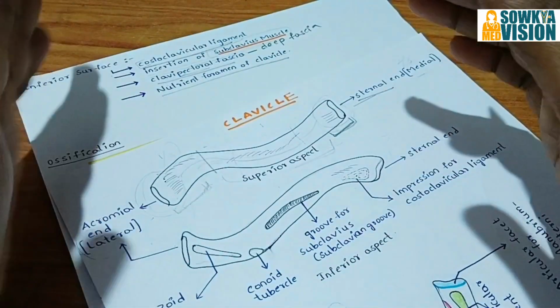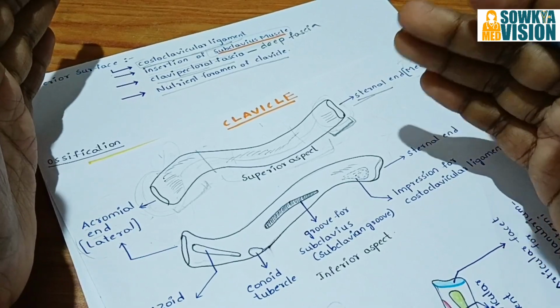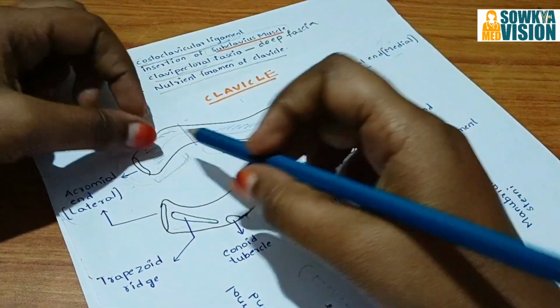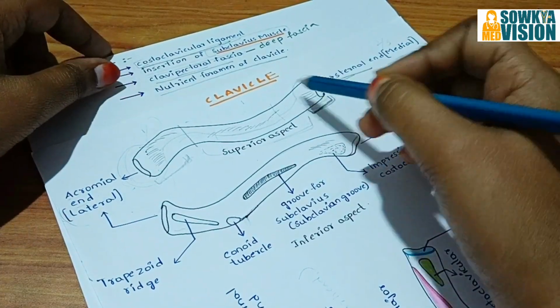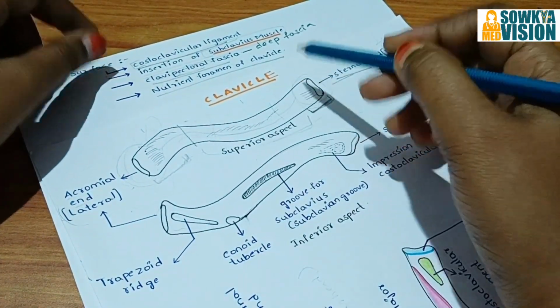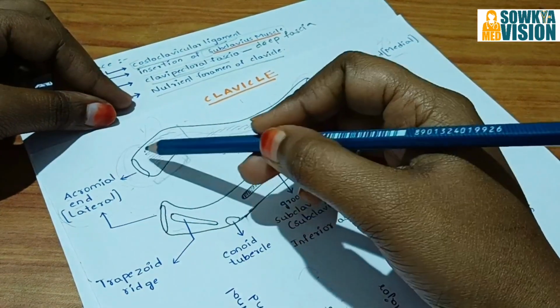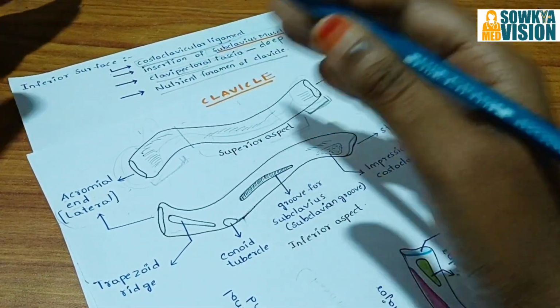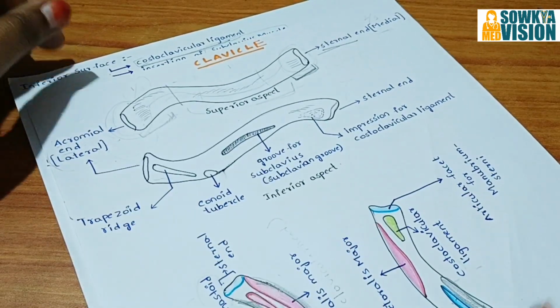Yes, let's quickly review our lecture. Clavicle, collarbone or beauty bone, containing two ends and one shaft: sternal end and acromial end. Why sternal end? Articulation with the sternum. Why acromial end? It is the articulation with the acromion process of the scapula.